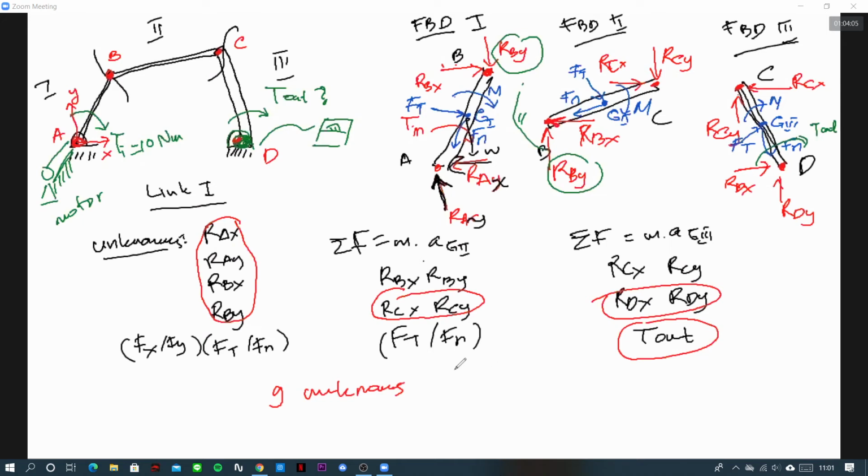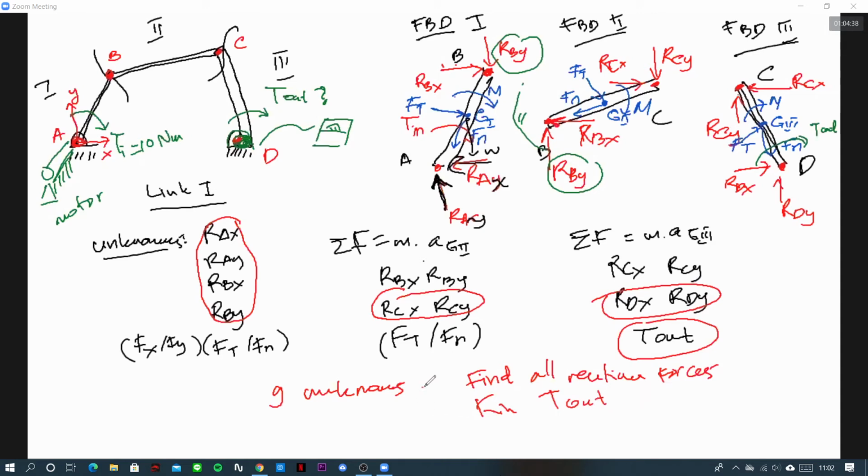Okay, so it means if you want to solve everything, let's say find all the reaction forces, you have 8 reaction forces, and find also T out, the output torque.